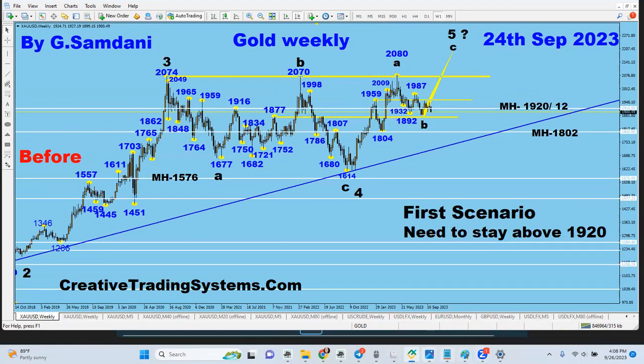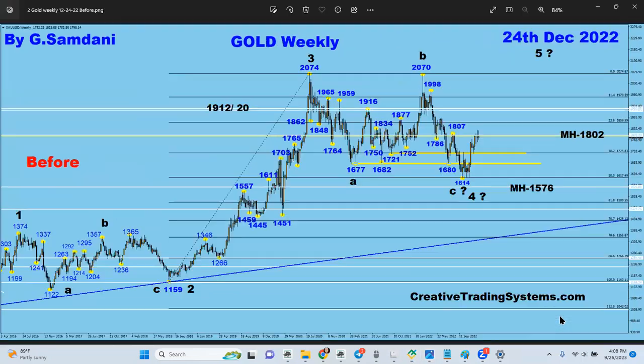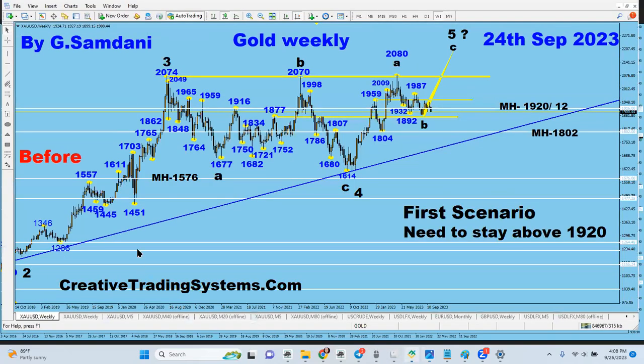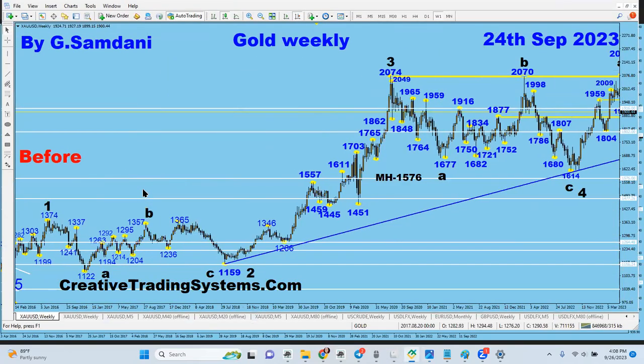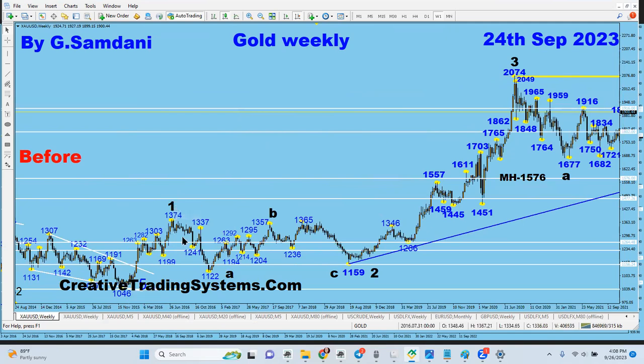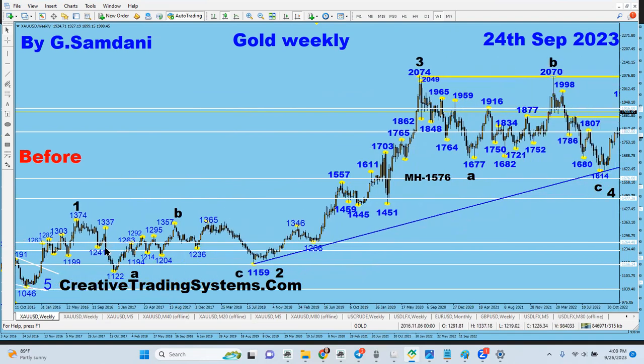In fact, on the monthly chart, here you can see that this is wave 1 from the bottom. This is a picture, man. Let me see if I can have it here. Yeah, see this? Wave 1, then it goes sideways, A, B, and then C. Instead of coming down sharply as a zigzag, it ended up flat here, and then you have a flat as well on wave 4.